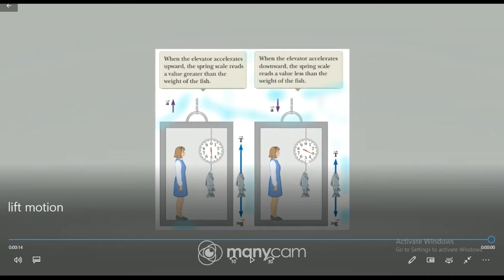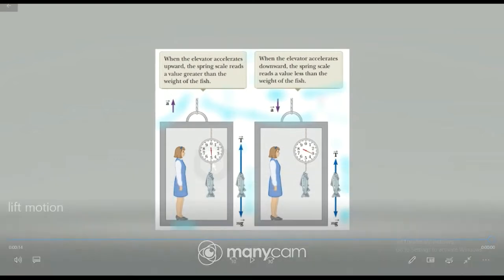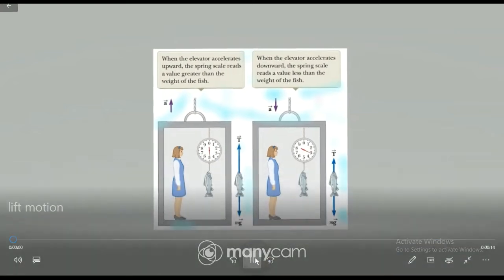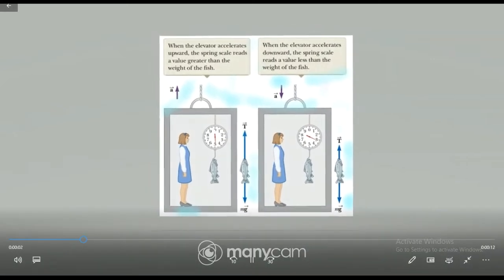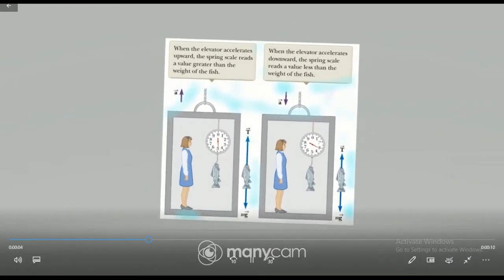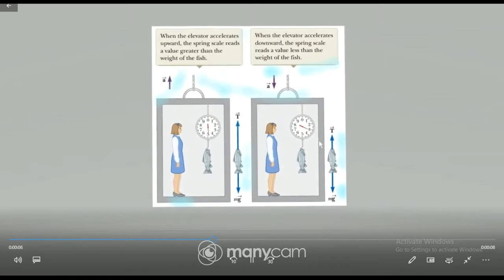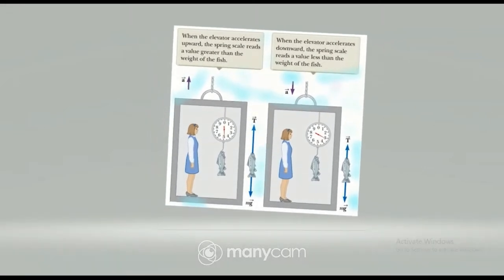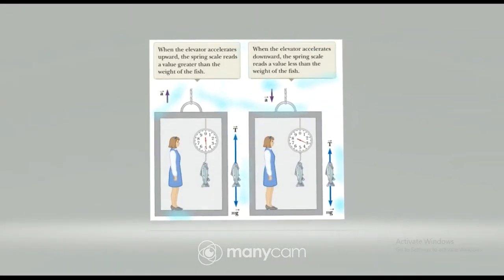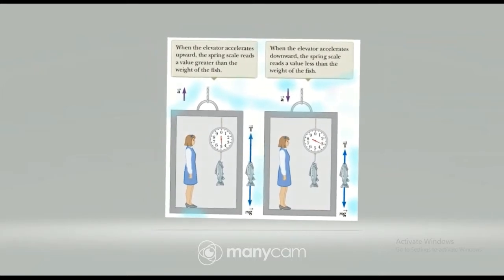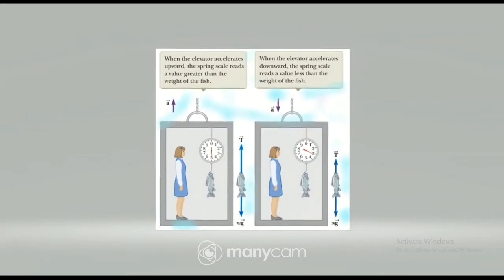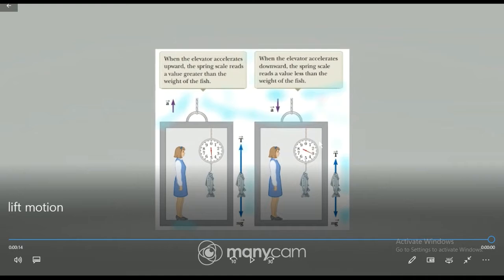These two analog spring balances, which one reads larger, this one or this one? Think for a while about why the readings are different, or why they are the same.